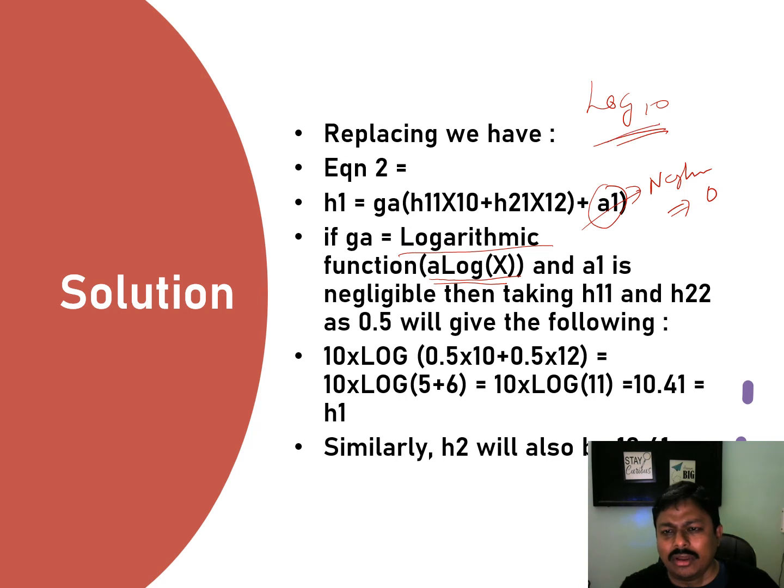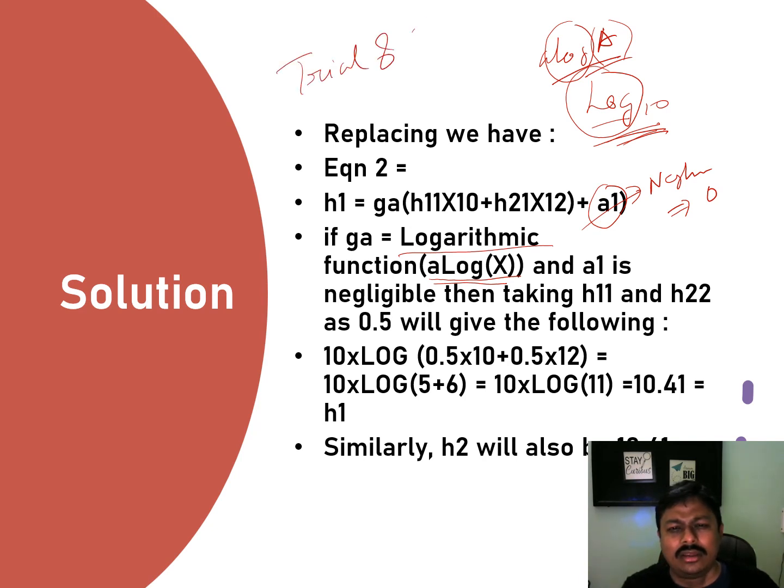You can use this log 10 approach also, or A log A can also be taken. There is no binding, no rule that for this you have to use log, for that you have to use sine. No, there is nothing. Based only on trial and error, you have to find the most optimal architecture of the neural network, right?